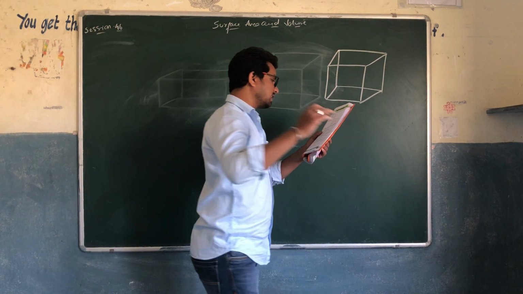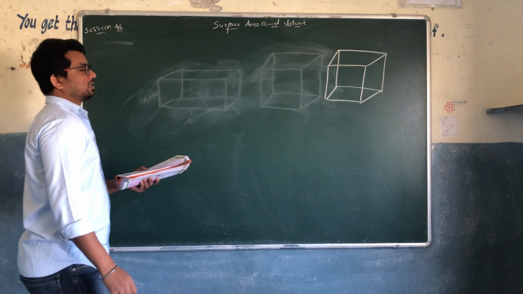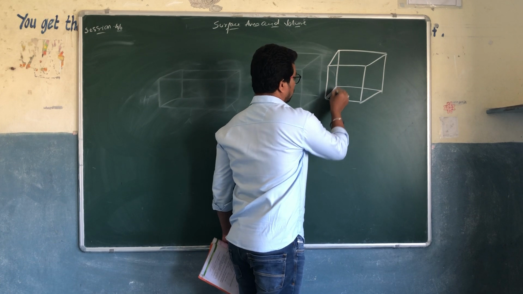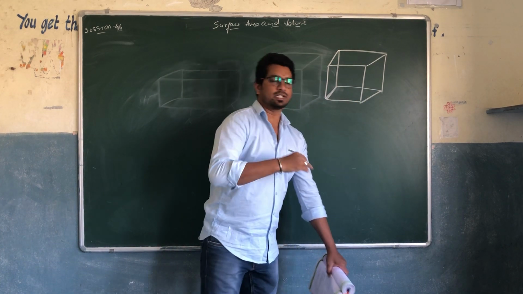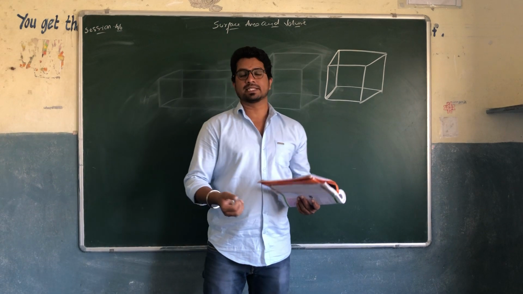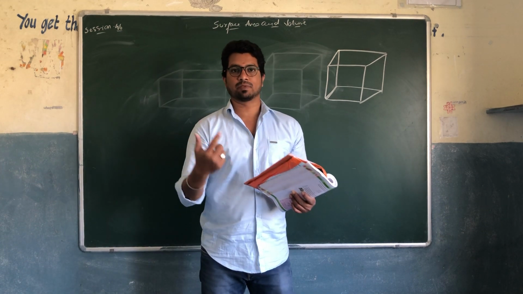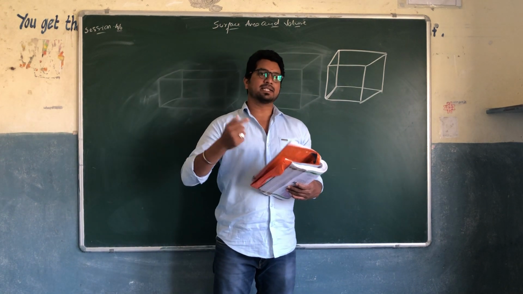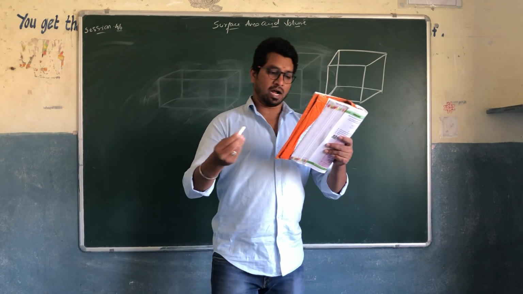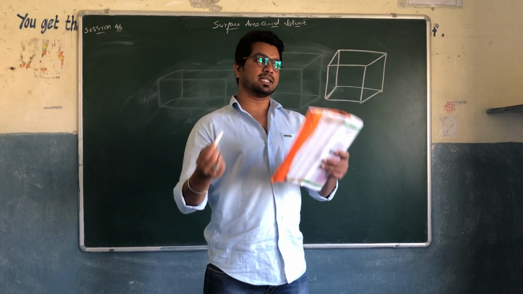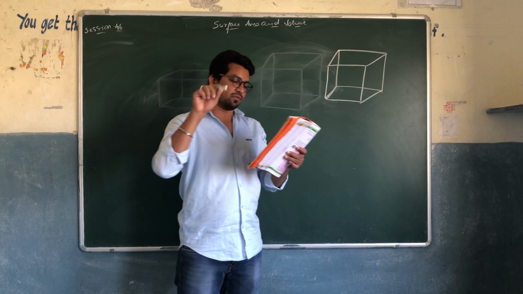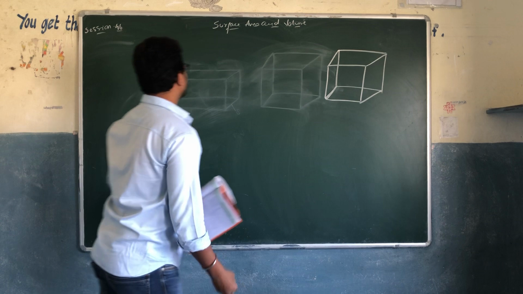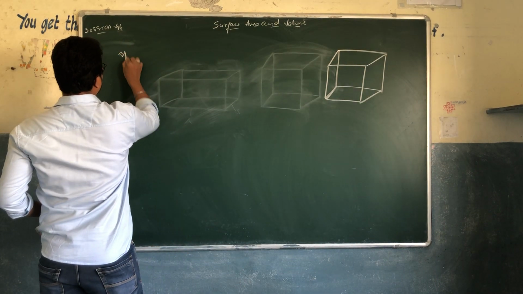What he is saying: we don't know how many centimeters it is, but each edge is doubled. Each edge is nothing but all the sides. It has 6 faces, and each face is nothing but each edge. Each edge is doubled. How many times will its surface area be increased? So he is asking us to find the total surface area of that cube and how much area it will be. So let's see example 2 solution.